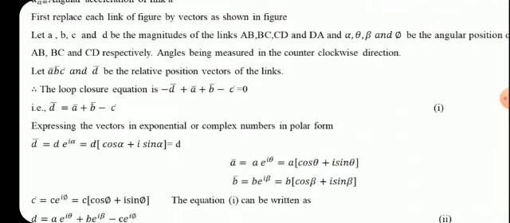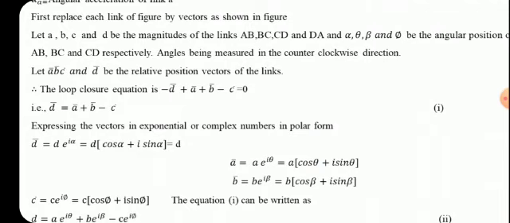Expressing the vectors in exponential or complex numbers in polar form. D dash is equal to D into e to the i alpha, which is D into cos alpha plus i sin alpha. e to the i alpha is equal to cos alpha plus i sin alpha.